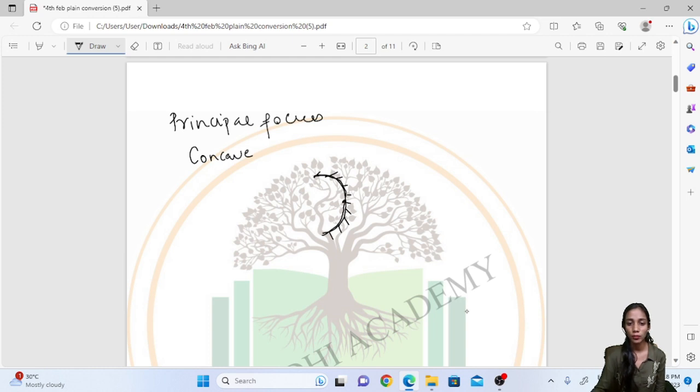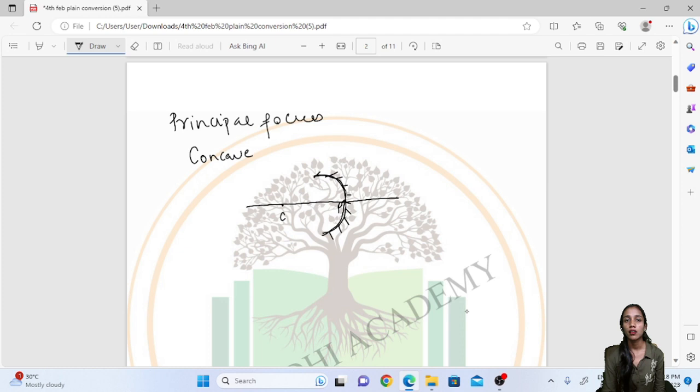The center of the mirror is called the pole. The center of the whole sphere becomes the center of curvature of the spherical mirror, given by the letter C. And the distance between these two, CP, is called the radius of curvature.